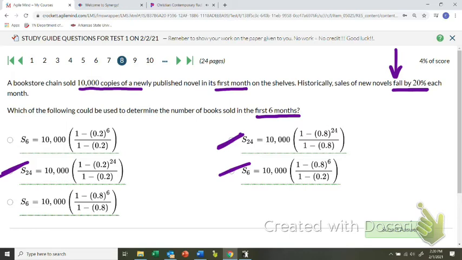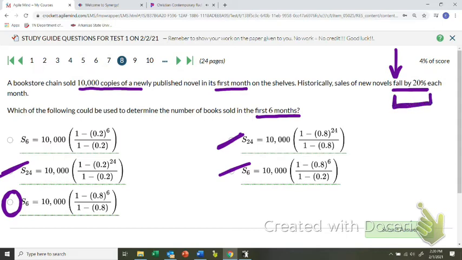We only have 80%. So, what will be correct when I use 0.2 as my rate or 0.8 as my rate? 0.8, because it tells us it falls by 20%.